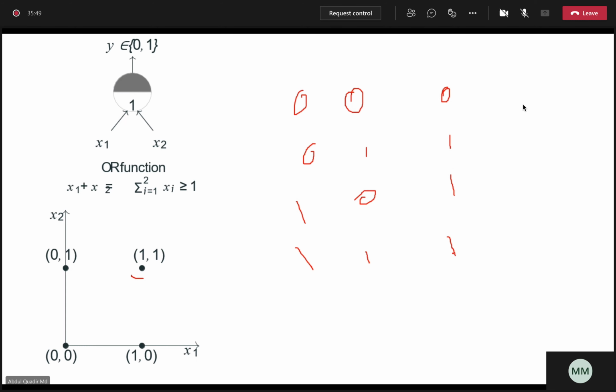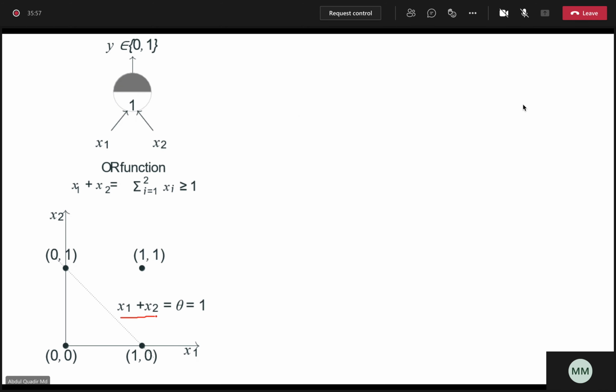Now, what is the equation? x1 plus x2 equals theta, which equals 1. Theta is 1, right?